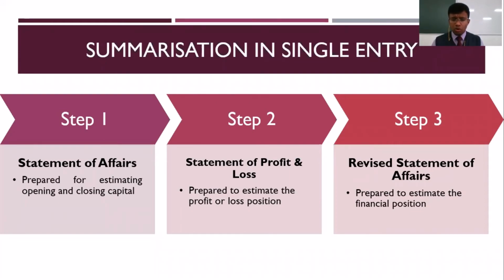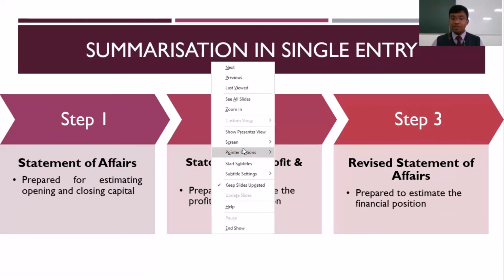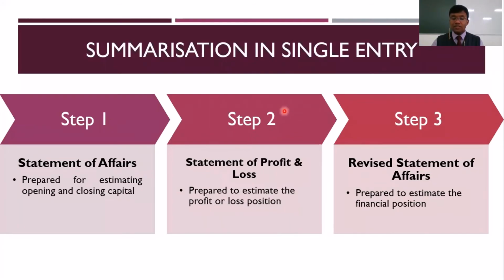To give you one further piece of explanation, the statement of profit and loss, the second statement that you prepare, would be equivalent to the income statement. This would be the same as the income statement that you prepare in the case of double entry system.